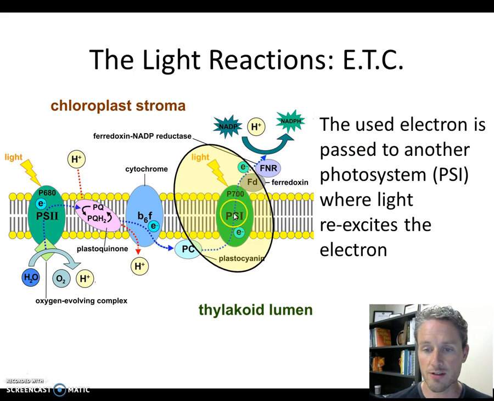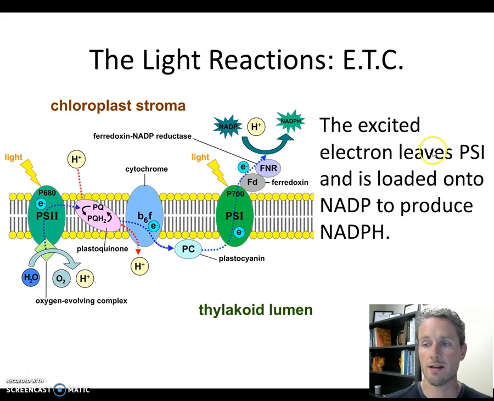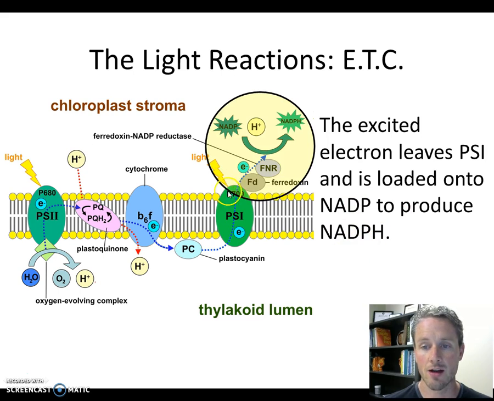Okay. After photosystem 1, we're going to take the electron out of photosystem 1 and load it onto our electron carrier, NADP. When we add electrons to NADP, we make NADPH. So that step is happening right here. We take our electrons out of photosystem 1. They pass through a couple proteins, but they end up on NADPH right here.